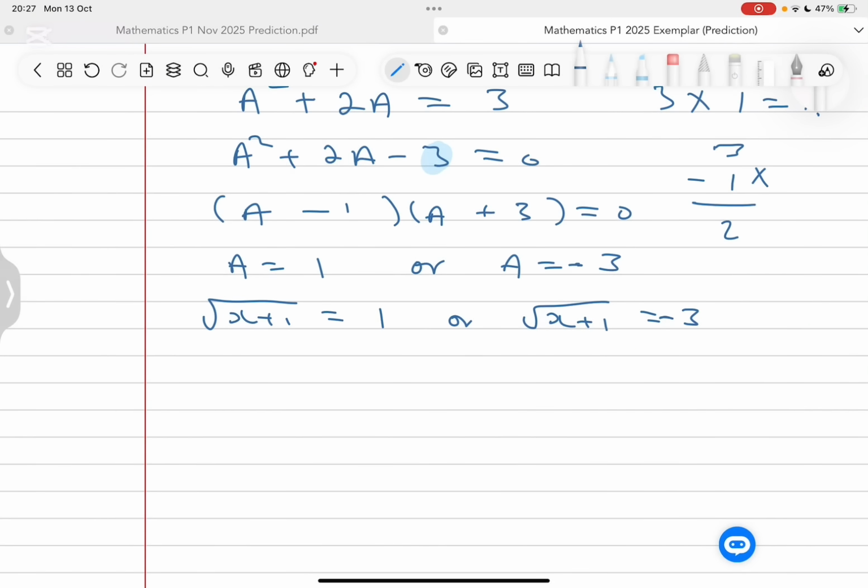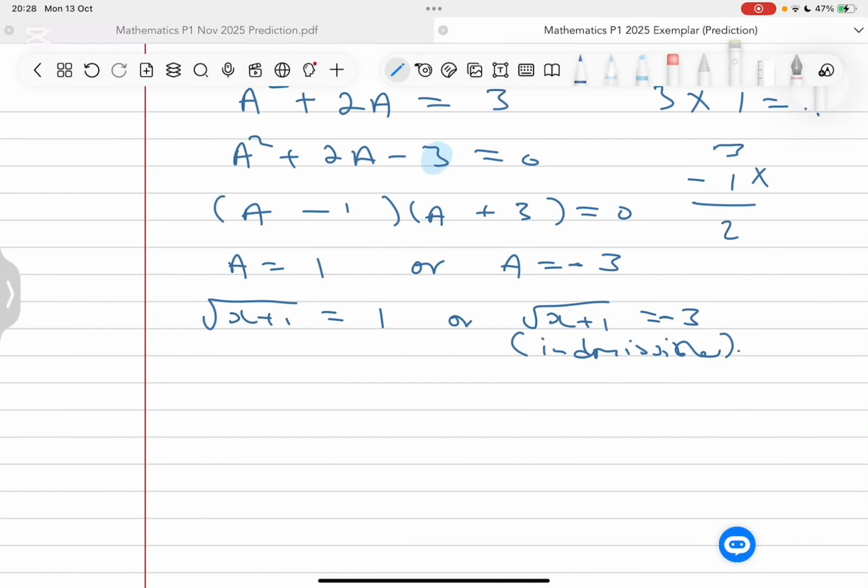So if you want to save time, you can immediately reject this answer because it's not going to be a correct one anyway if you continue with it. So we'll say that this is inadmissible, meaning we can't accept this argument. It doesn't make sense. You can't take a square root and it gives you a negative number. So our focus will be only on this side.